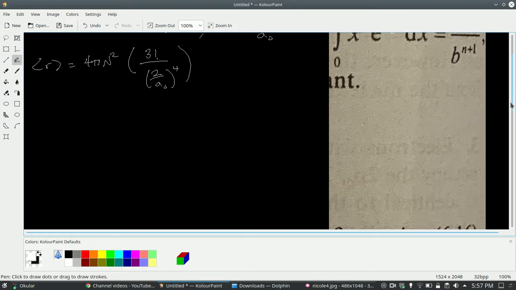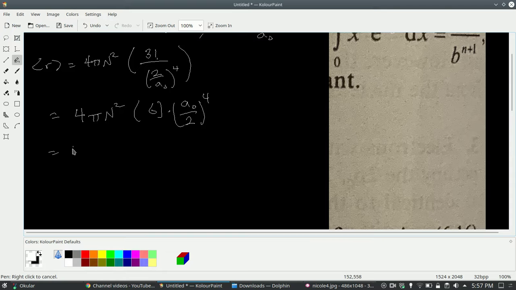So now, let me simplify this a little bit. I'll just leave this 4 here for now. 3 factorial is 6. And this is a fraction underneath the fraction bar, so this is really times the reciprocal of this, so a naught over 2, but this was to the 4th power. Okay, so I'll copy this down again.